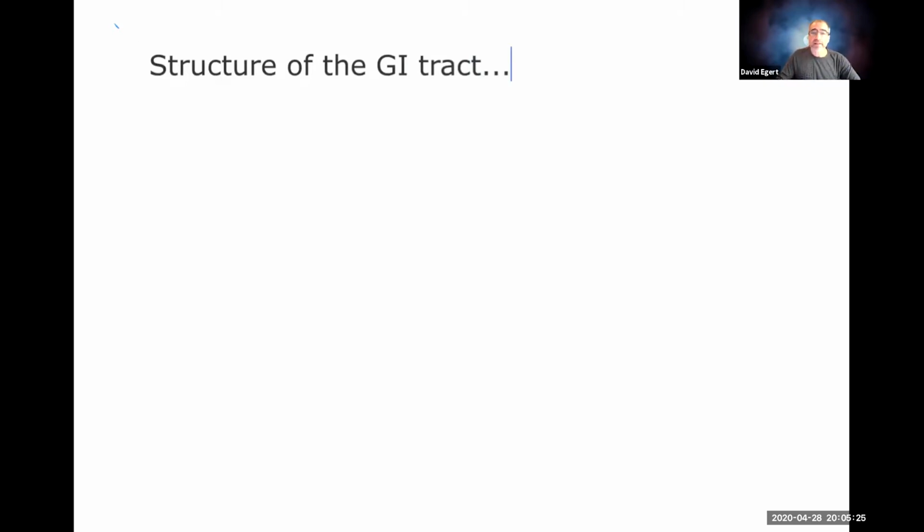This basic layout is going to be the same everywhere, but there'll obviously be modifications depending where you're at. There's going to be a lumen. Lumen just means the internal part, the hole of the tube.